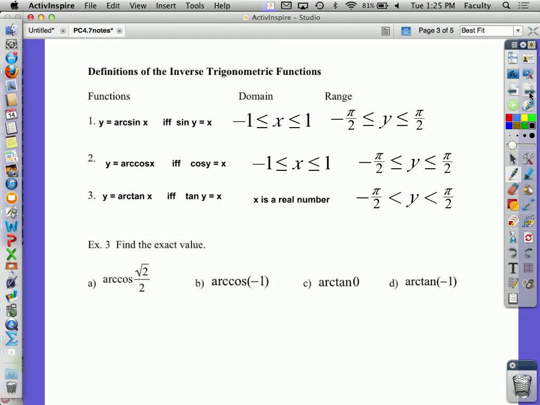So y equals arc cosine x, if and only if cosine y equals x. X is between negative 1, wait a minute, my bad. This is supposed to be 0 to pi, sorry. Can't believe I put that on.